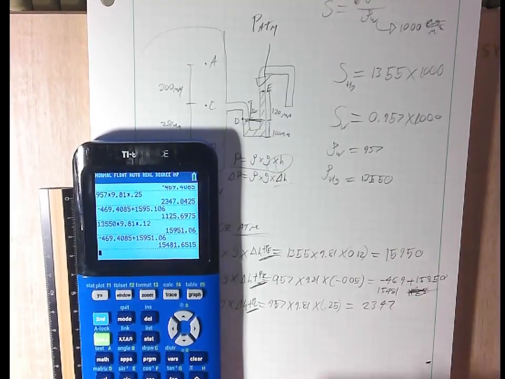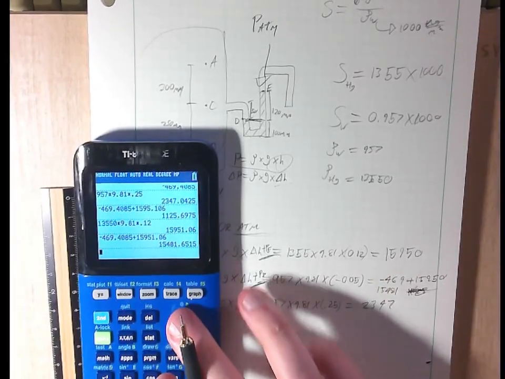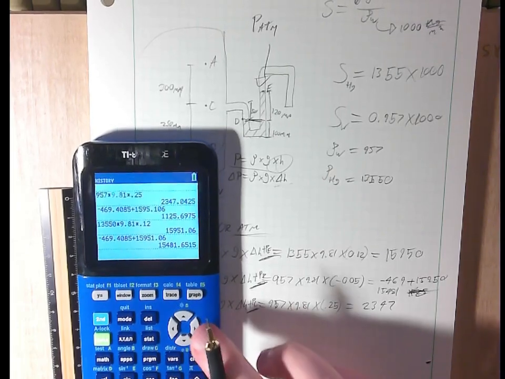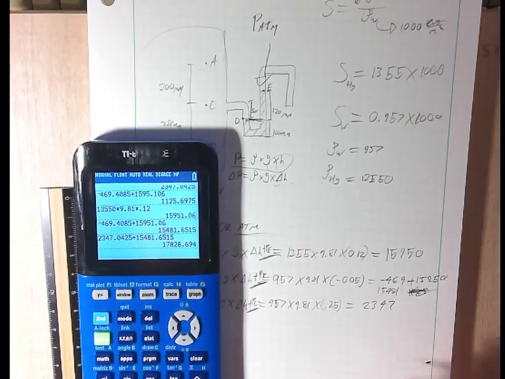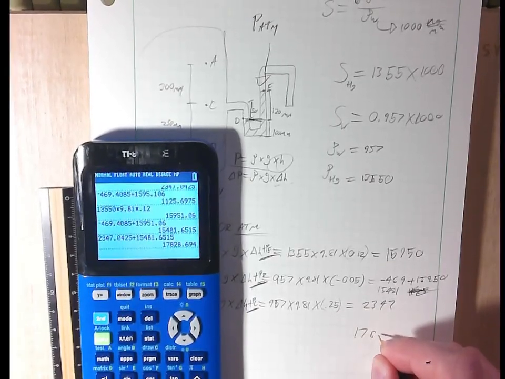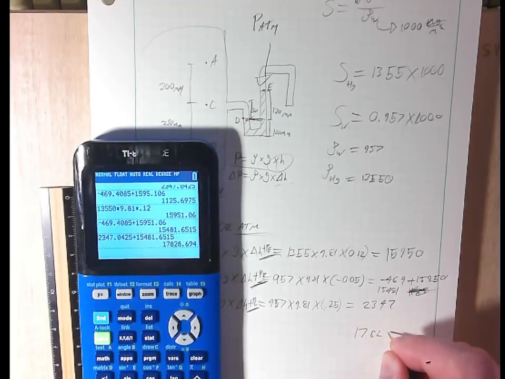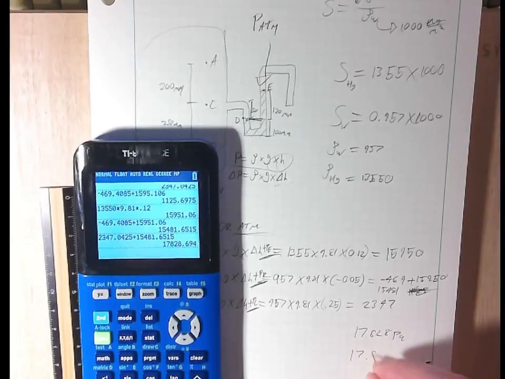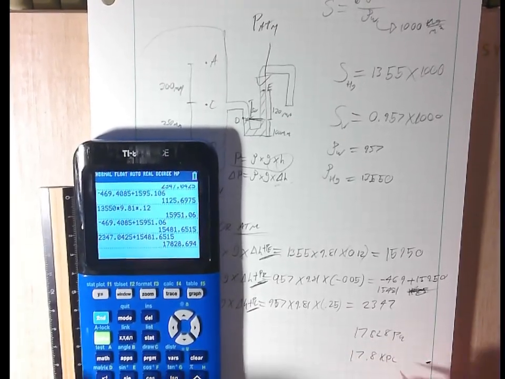Yes, okay. Now add these together. So we have our 230, 2347. Add this to this. There it is. We've got 17.8 or 17,828 PA, which is 17.8 kPa.